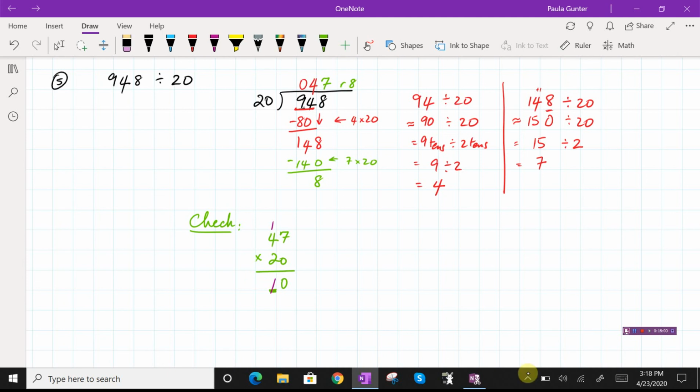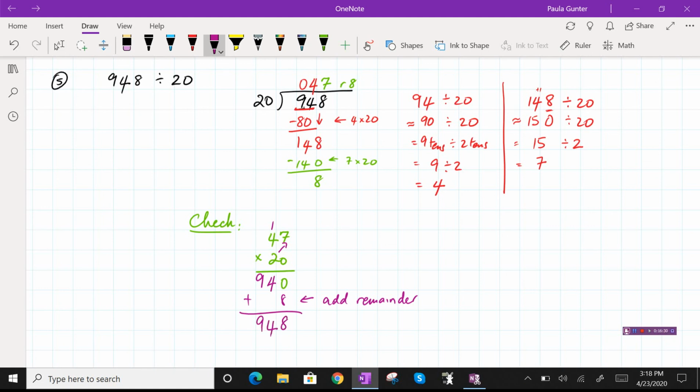That's not correct. So going through that again. 2 times 7 is 14. I put the 4. I carried the 1. 2 times 4 is 8 plus 1. We get 940. And now we're going to add the remainder. We had a remainder of 8. So we're adding this. And we end up with 948.